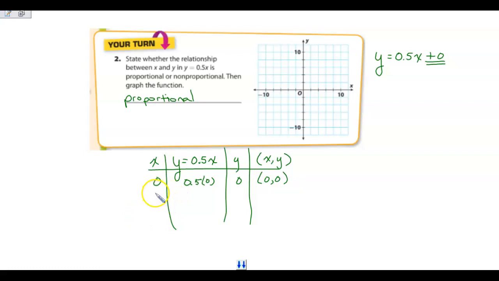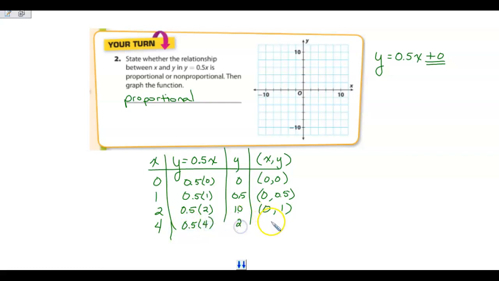If it is 1, 0.5 times 1 is 0.5. If it's 2, I take my 5/10 times 2, and that gives me 1. And if I do it again one more time with 4, I take 5/10 times 4, I'm going to get 2.